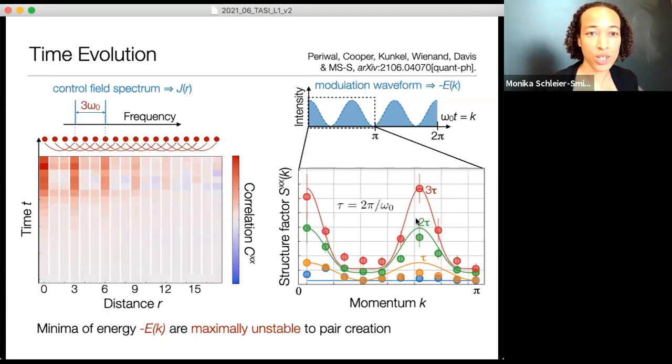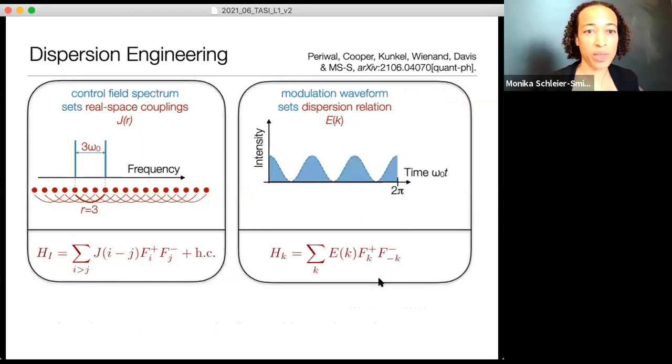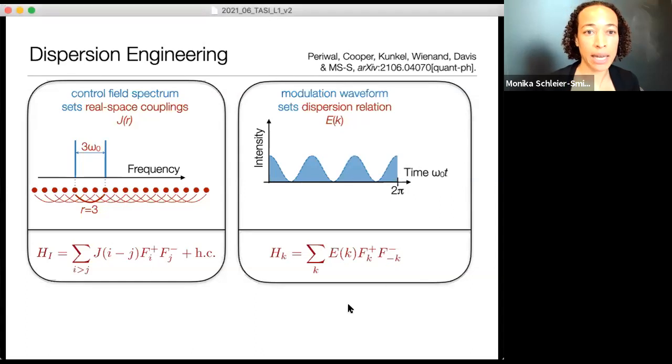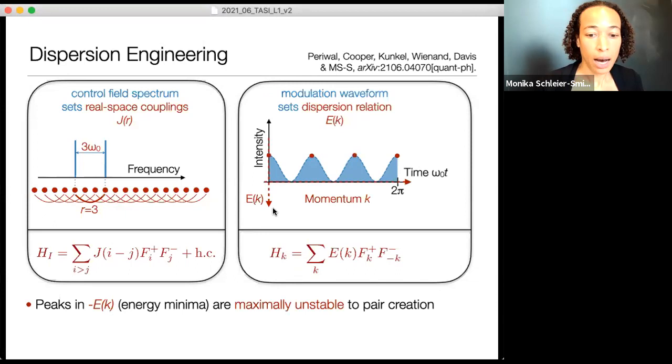So this is a way of controlling either the graph of interactions or equivalently the dispersion relation for these spin excitations. Now, one of the insights that came to us from thinking about the fact that this modulation waveform sets the dispersion relation is that I have a finite size system. So there are only discrete points in momentum space where the dispersion relation is defined.